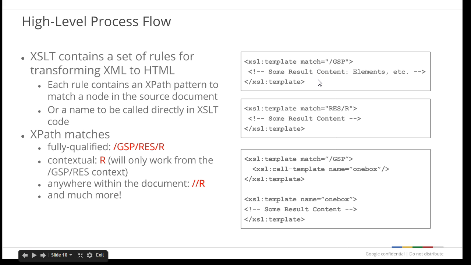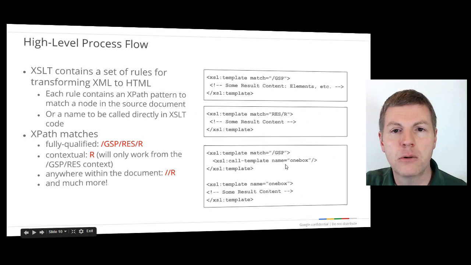A document can only have one instance of the root, so this will only execute once. In the second example, we're matching every search result from within the root node's context. In the third example, we're matching the root node, then from within that template, we're calling another template, one box, by name.